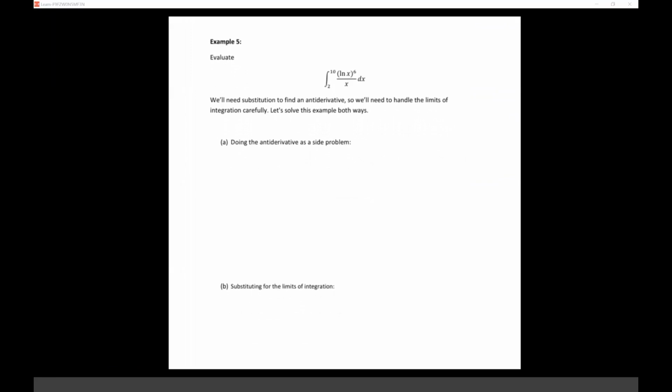I have a log integral. And you might remember that the derivative of ln of x is 1 over x. So you could conceive of this integral like this.